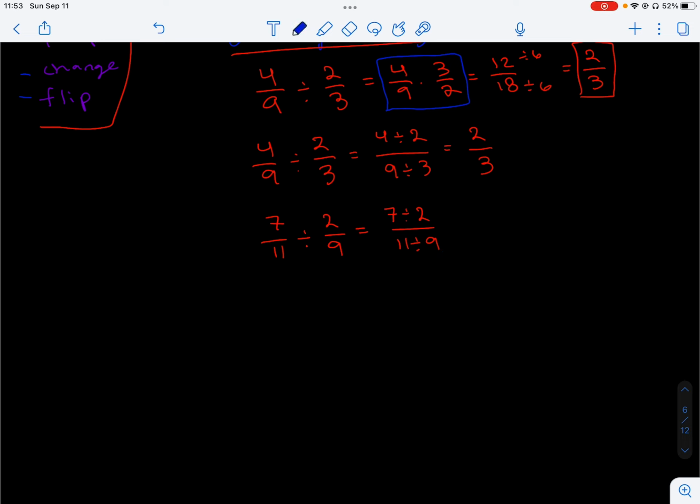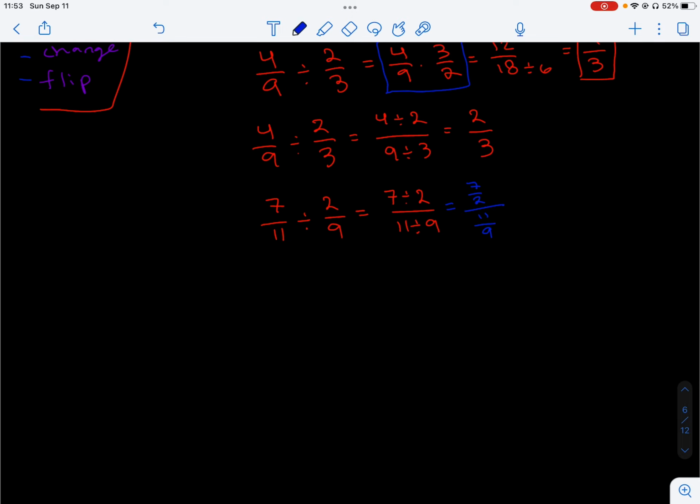So we have 7 divided by 2 over 11 divided by 9. I'm going to rewrite this as 7 over 2 divided by 11 over 9, making use of fractions because fractions are just much nicer to look at, if nothing else. What I'm going to do here is take our giant fraction and multiply it by 2 over 2. The reason why I'm doing so will become apparent in a second.